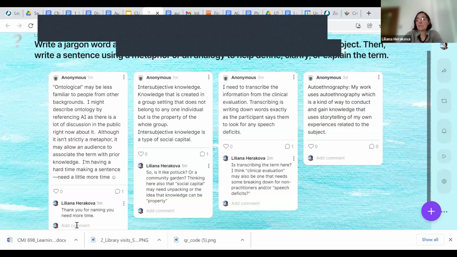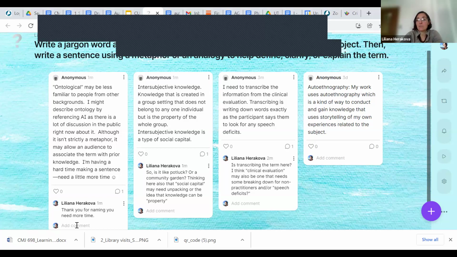So sometimes just explaining that process would be enough to make it more accessible, for a person to be able to see themselves in it. I'm assuming maybe this person is in communication sciences and disorders downstairs from us, speaking about speech therapy.